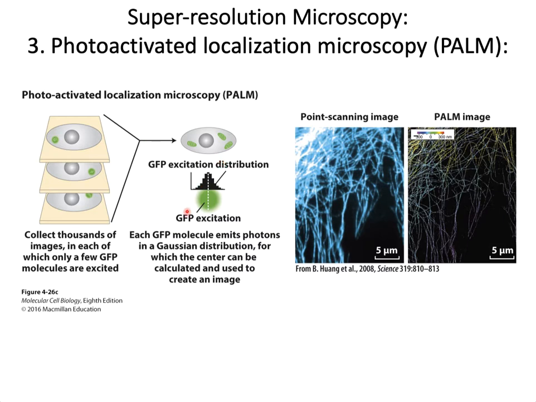Then mathematically, using the Gaussian distribution, the exact middle point of each emission light point from a single fluorophore or protein molecule is calculated. See that in the Gaussian distribution, the highest point of the black bell-shaped curve is the exact middle of the molecule that is emitting the emission spectrum or fluorescing upon excitation.